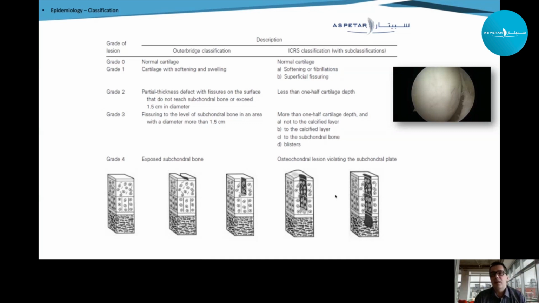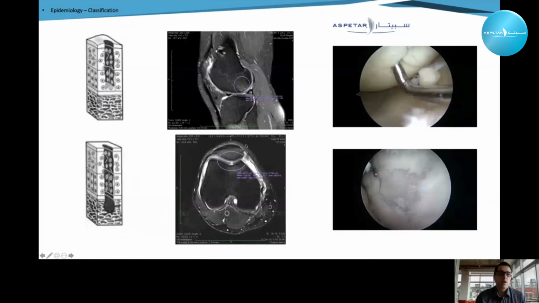The difference is that in the ICRS classification, we take into account only the depth of the defect, and we're not dealing with the diameter of the lesion, as was the case in the Outerbridge classification. All symptomatic cases in the general population and in athletes are literally grade 3 and grade 4.